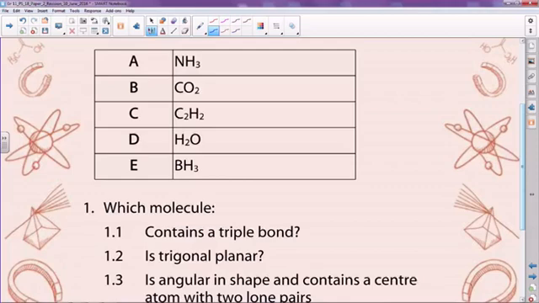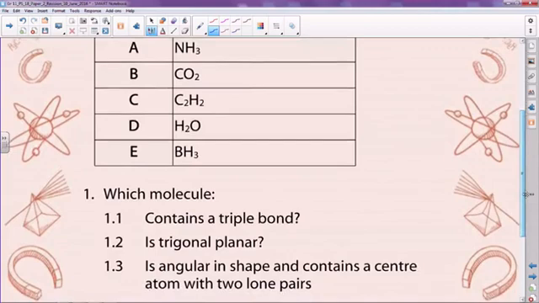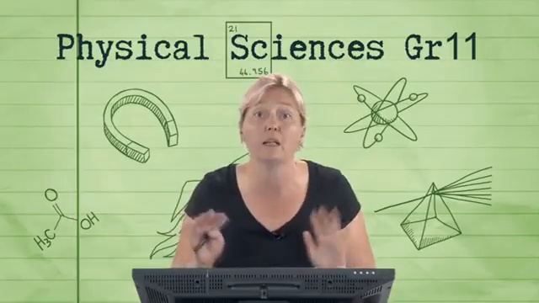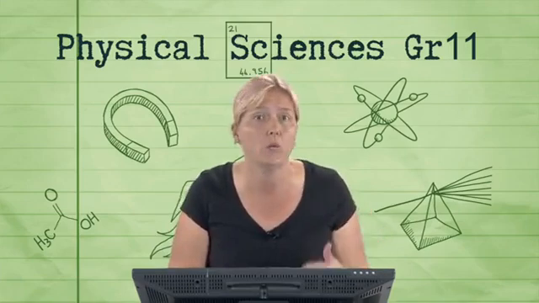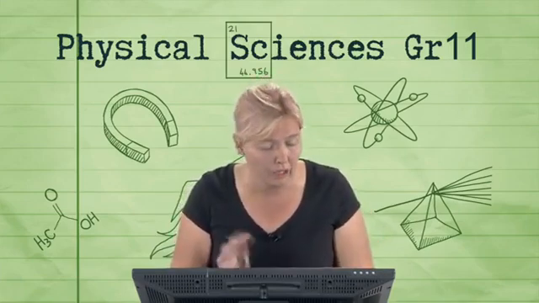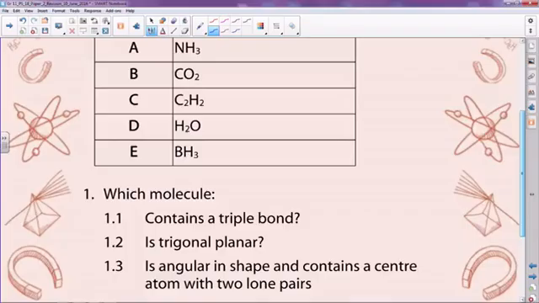What is important here is that we need to be able to answer these questions. Hopefully you have a periodic table close by, and you'll need a calculator a little bit later, but right now we need a periodic table. So quickly find your periodic table while I start reading through the question. Which molecule, 1, contains a triple bond, 2 is trigonal planar, and 3 is angular in shape and contains a center atom with 2 lone pairs.